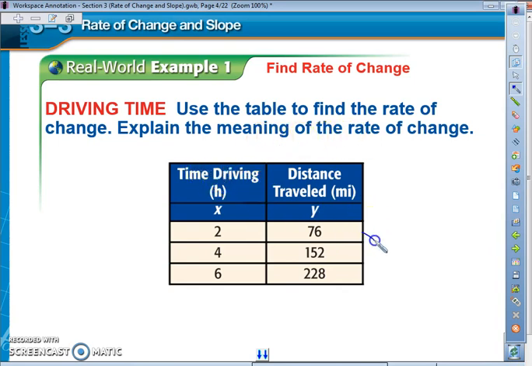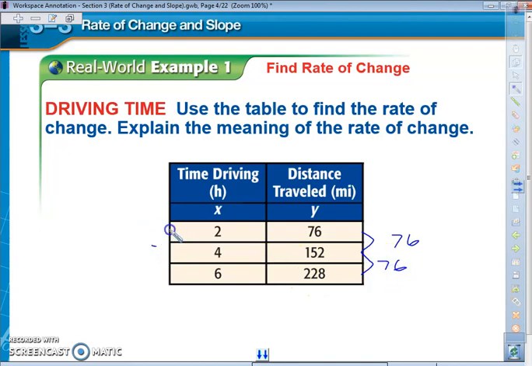Basically, what we want to do is draw these alligator teeth, what I call alligator teeth, on the sides, and find the change in these. So right here, 76 from 152 would be 6, 5, 4. That's 76 right there. And 228 minus 152 is 76.